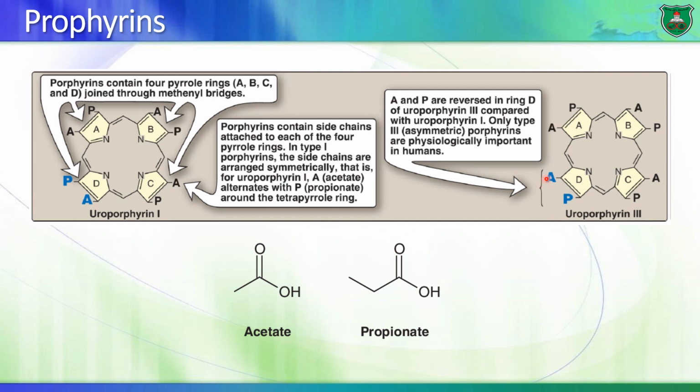So you can have them reversed on a single ring. Now, this gives the molecule a different name. So here you have the name of a molecule, uroporphyrin 1, having these acetate and propionate groups. And when you have the reverse order on a single ring, it's given the same name but a different number.